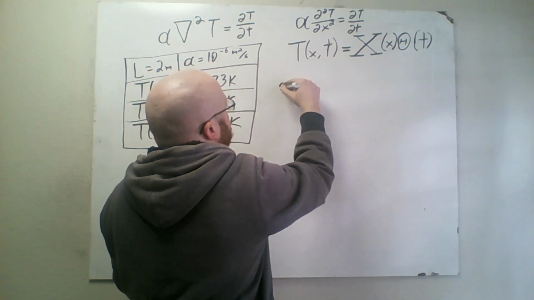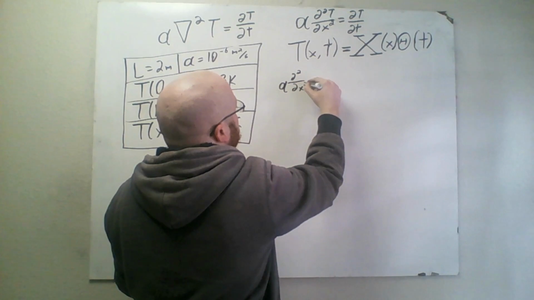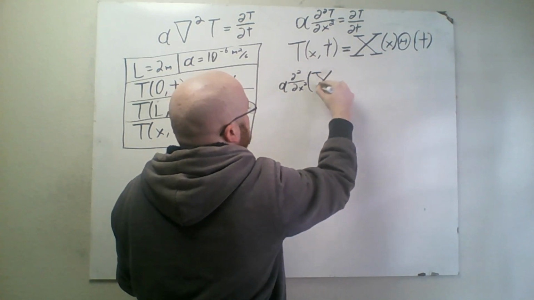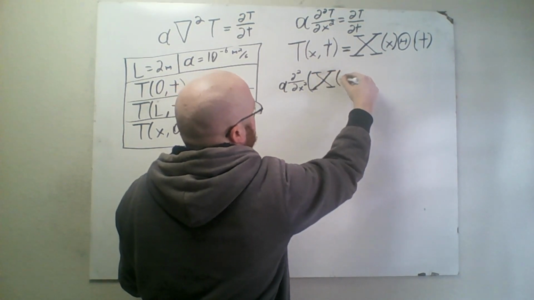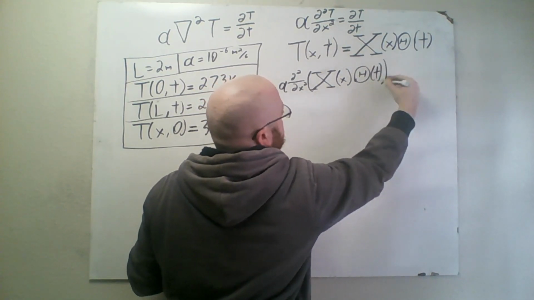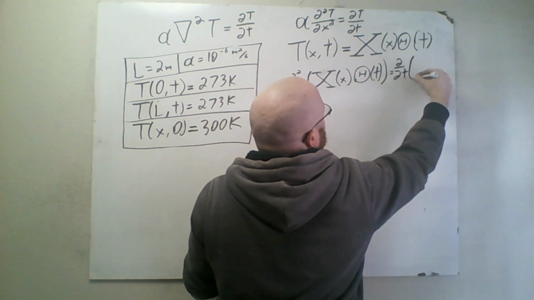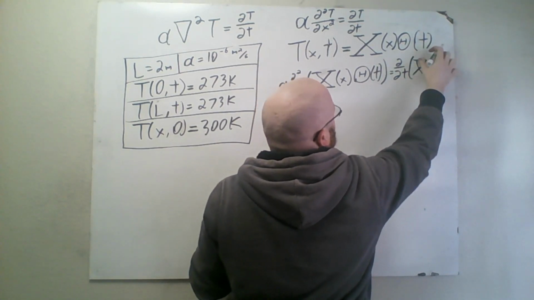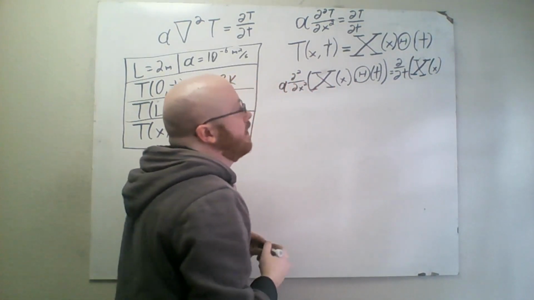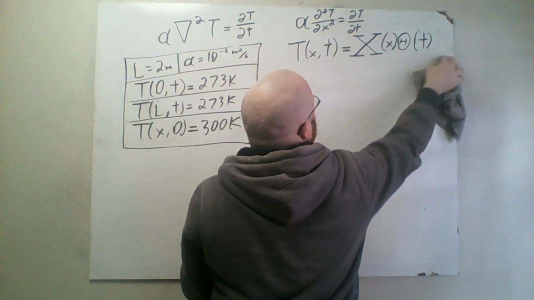And so what we get is alpha d squared x squared times X theta T. Oh no, I've gone too far. Anyway, I'll just rewrite it. I'm not in a rush.